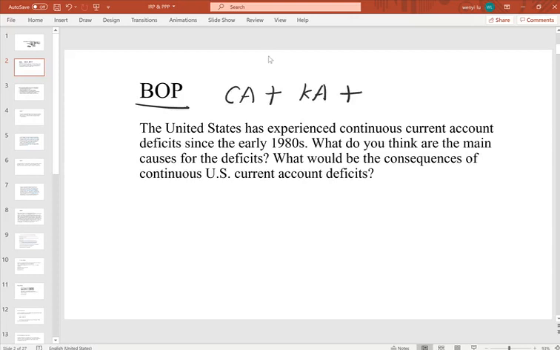The last one is the reserve account. So the balance of the current account plus the balance of the capital account plus the balance of the reserve account must equal 0. That means our sheet is balanced. That's our most important identity in these chapters.